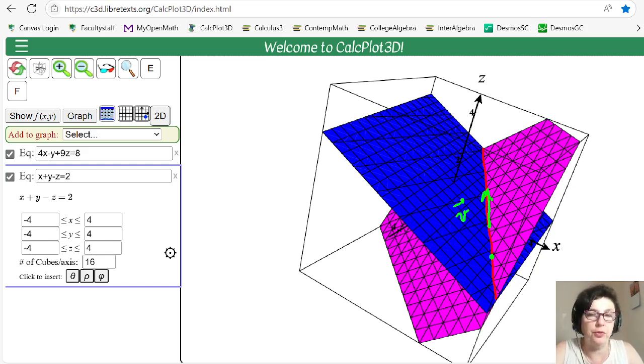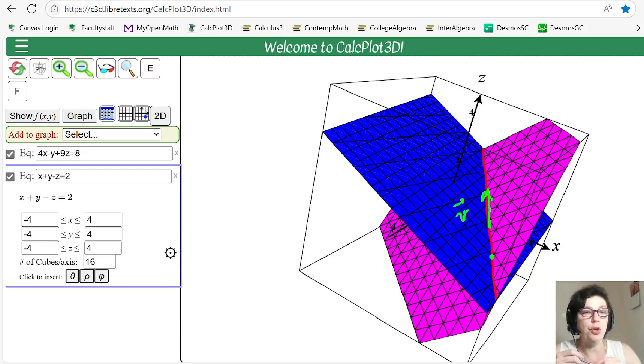Because vector v lies along the intersection of the two planes, it belongs to the plane x plus y minus z equals 2. So the normal vector 1, 1, -1 is orthogonal to v, because any vector in the plane is orthogonal to the normal vector. The same argument shows that v is also orthogonal to 4, -1, 9.